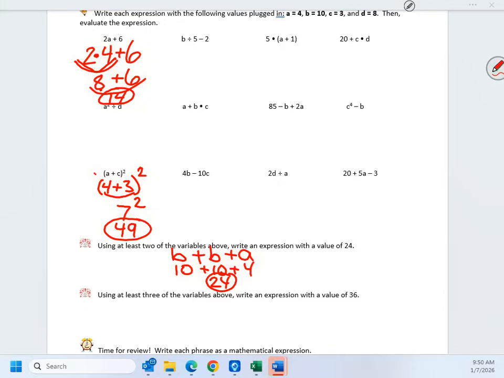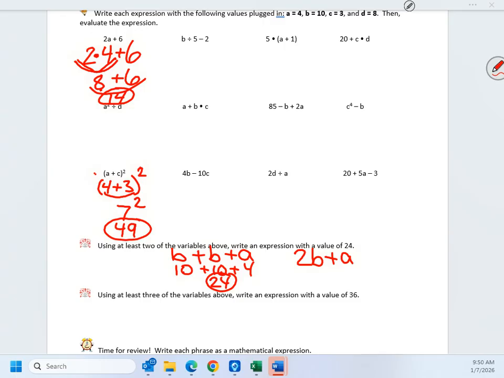We could do almost the exact same thing, but make it a little different. I could say 2B plus A, and instead of B plus B, I could say 2 times B, right? Because 2 times 10 is 20. They both work. There are different ways we can come about getting this. You can even use other numbers in there, like we have a B and we have an A, and then another number that you're adding or subtracting.